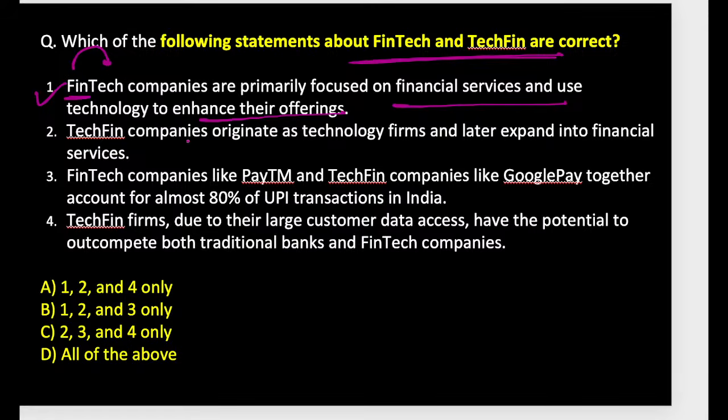Second statement, techfin companies originate as technology firms like Google. Later they expand into financial services because they have an existing customer base and others. Fintech companies are Paytm, and techfin is Google; together they account for almost 80 to 90% of UPI transactions.